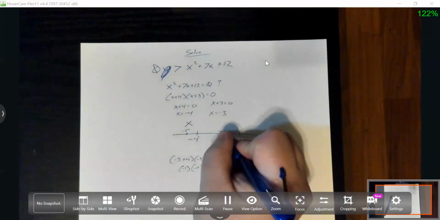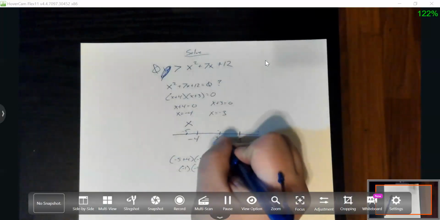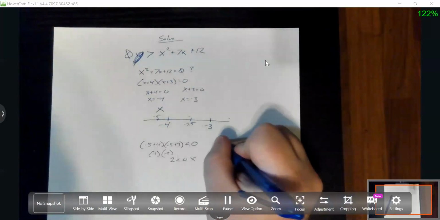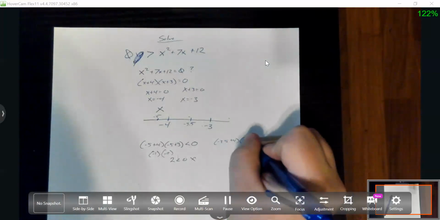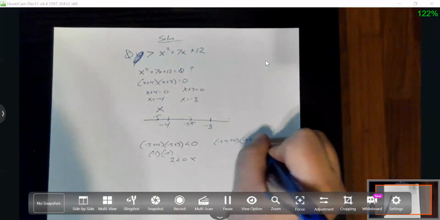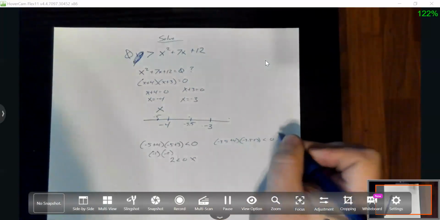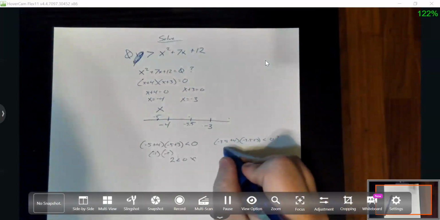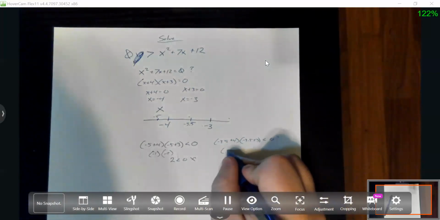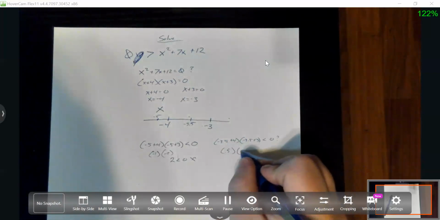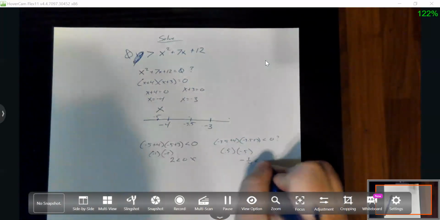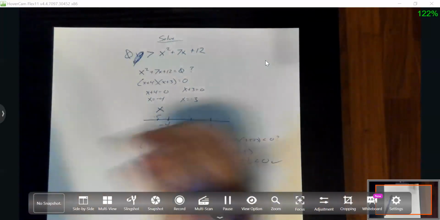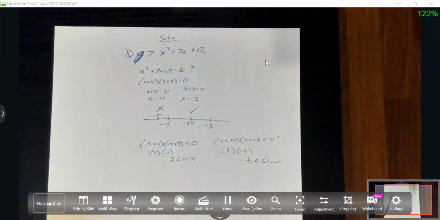All right, so we can look in the middle. Let's try -3.5. If we plug in a -3.5, that's -3.5 plus 4 times -3.5 plus 3. We're saying, is that less than 0? So that is, let's see, 0.5 times -0.5, which is -1/4. Yes, -1/4 is less than 0. It works in the middle.